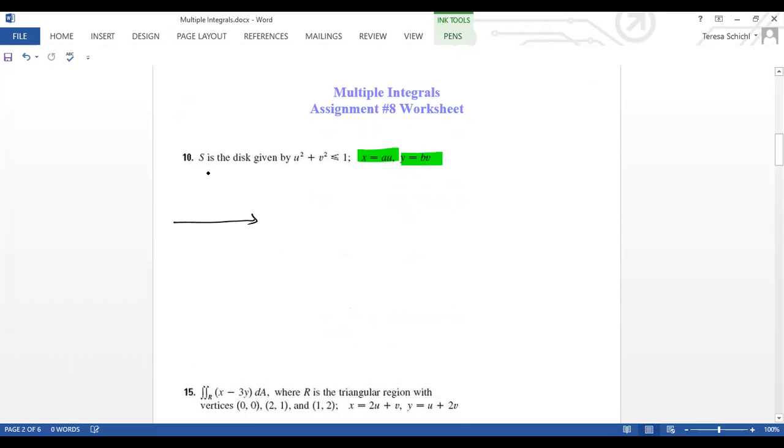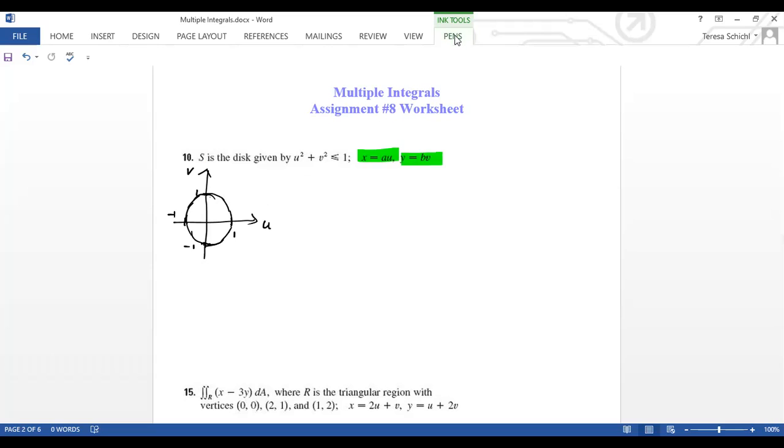So this is U and V. My S region here is U squared plus V squared equal to 1. So what type of region is that? It's a circle, right? With radius equal to 1. So it is a circle.